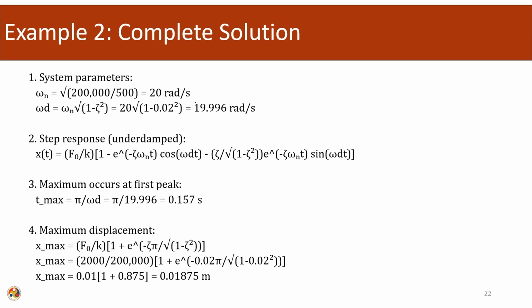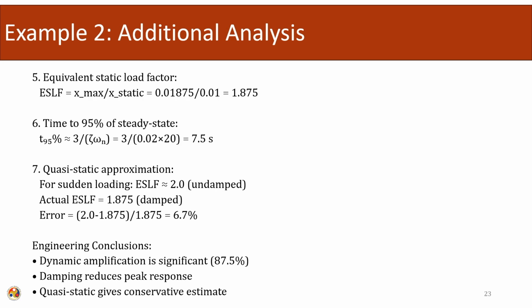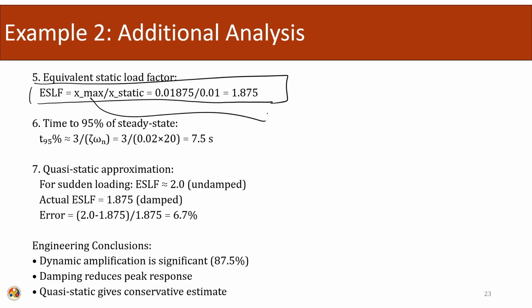So, again frequencies are being calculated, the response of the system to the step function is been given. So, maximum time period to achieve this thing has been given. So, maximum value of the displacement is being calculated out here. After that, we can calculate the maximum equivalent static load factor, which is again U max divided by U naught.